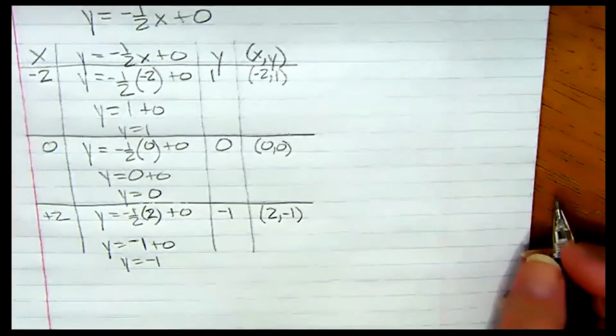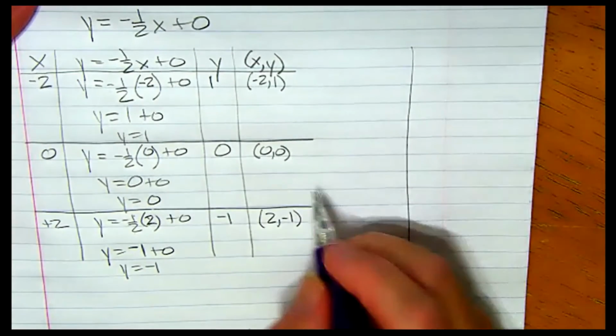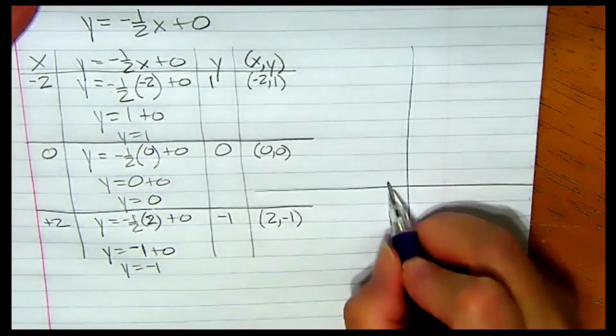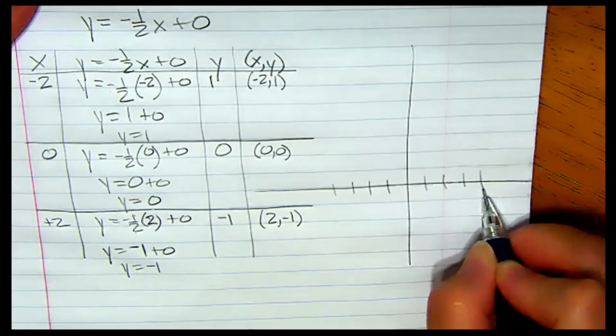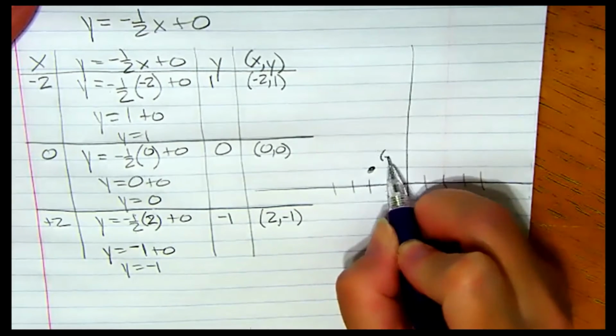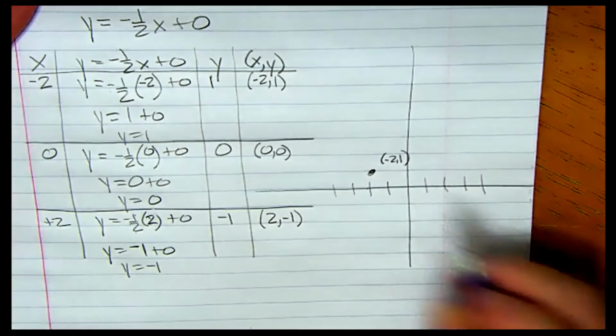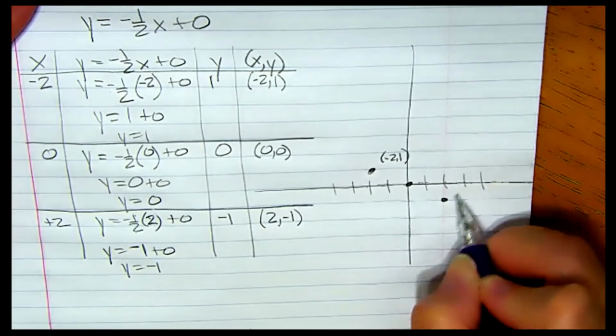Now we have to graph this. We've been doing this for a couple weeks. We can do that. Let's graph this. Negative 2, 1. 0, 0. 2, negative 1.